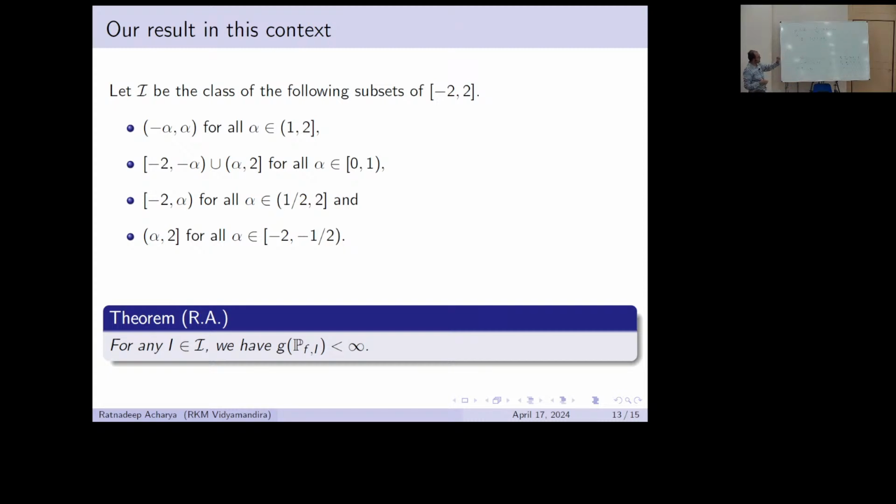And intervals of the form [-2, alpha] for alpha lying here, and the final one [alpha, 2], for all alpha lying in [-2, -1/2]. So just consider the first one.